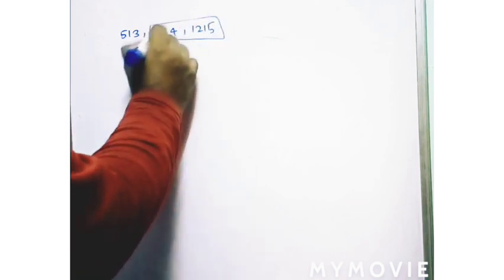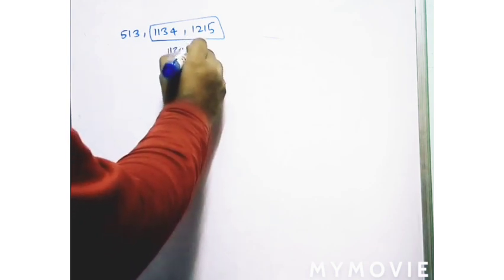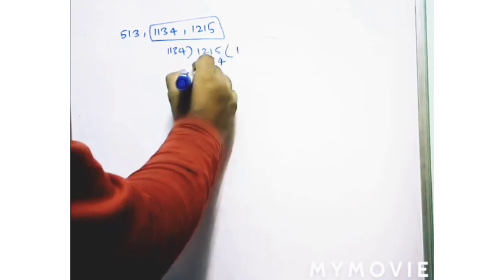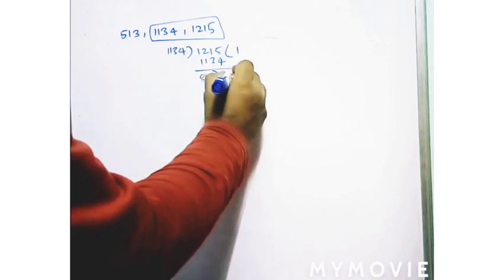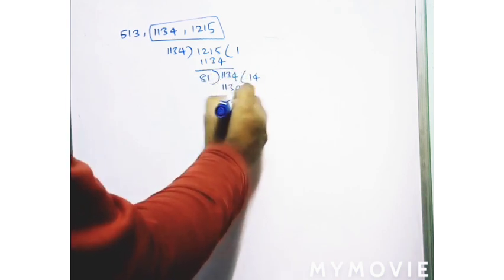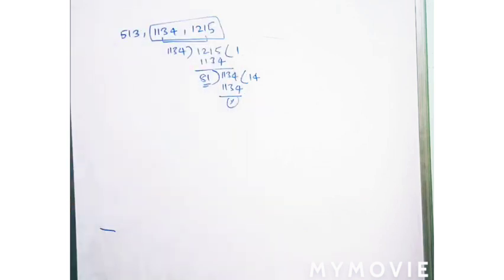First we take the HCF of these two, 1134 and 1215. Dividing 1215 by 1134, one time it is 1134, and the remainder is 81. Then 81 times 14 gives 1134, so 81 is the HCF for 1134 and 1215.